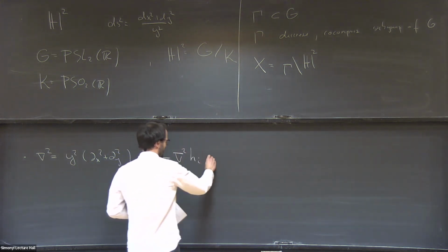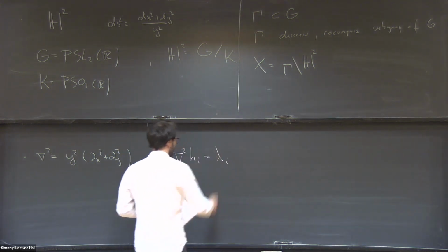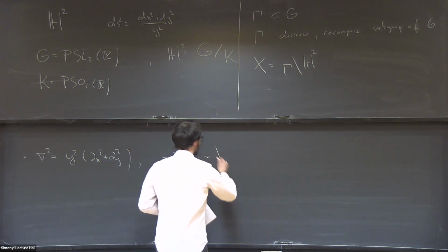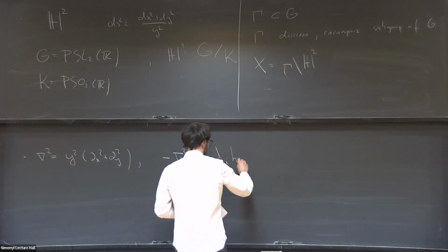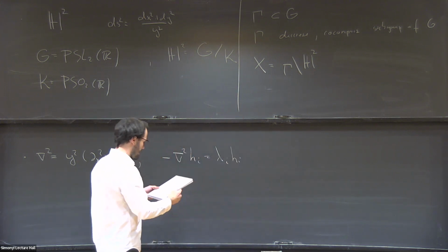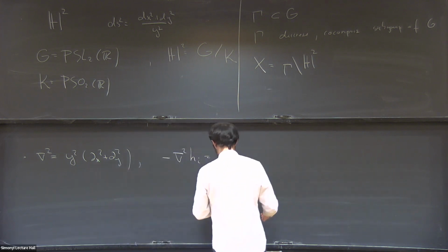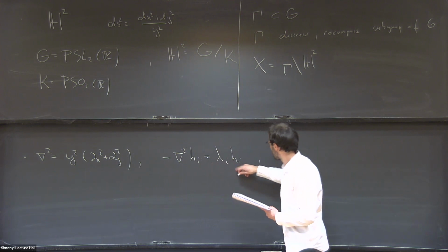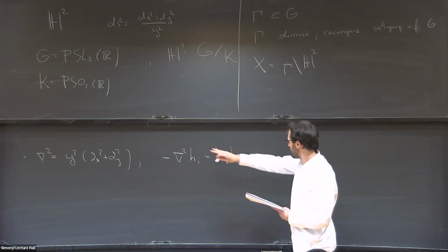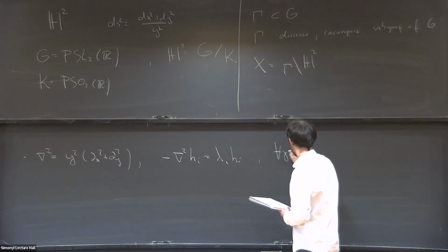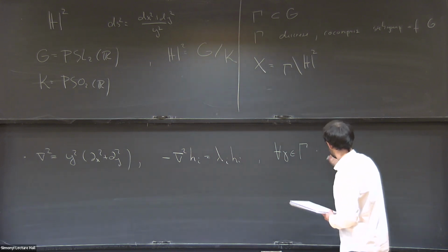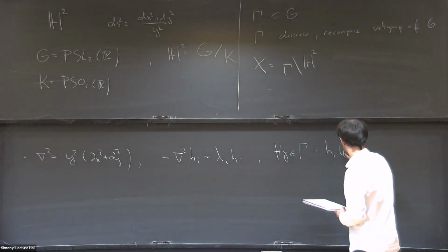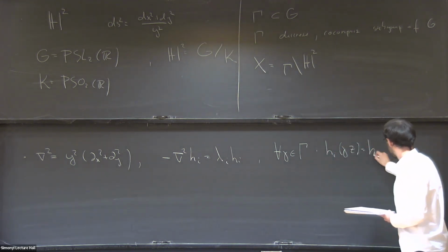What we want to understand is the spectrum of eigenfunctions and eigenvalues of the Laplace operator on the surface. Of course, this is a problem that many people have thought about, including some in the audience. The h_i are the so-called Maass forms. These are functions in the upper half plane which are invariant under gamma.